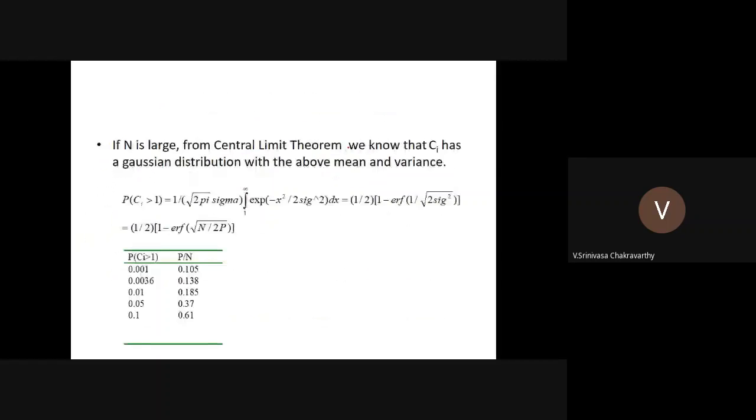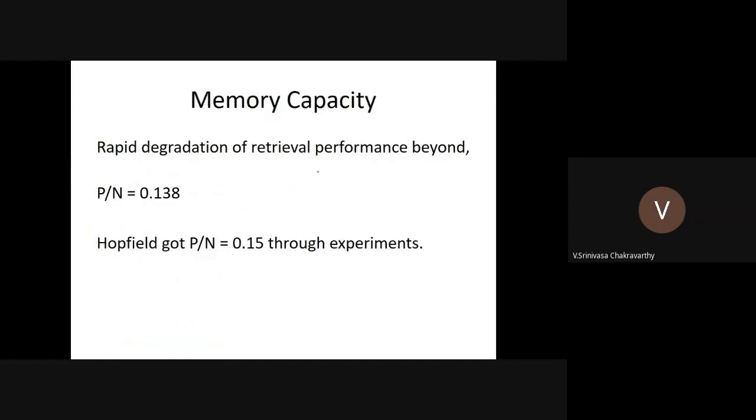Because of the spurious states, as you keep on adding memories or trying to add patterns to the network using Hebb's rule, you'll quickly reach a point when the retrieval performance becomes very bad. Because if you have all these different regions which are stable, and I start close to a pattern, I should only land in that pattern.